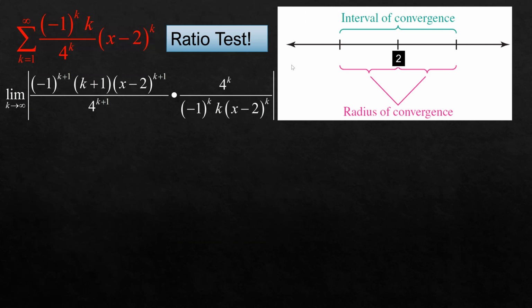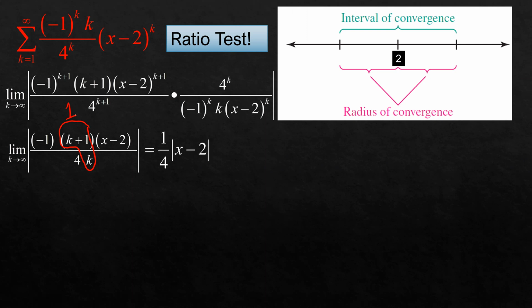Cleaning this up, we have -1 multiplied by (k plus 1) over k, and then there's a 4, and then there's an (x minus 2). Now, when k goes to infinity, we can see that (k plus 1) over k is going to 1, and the absolute value of -1 is 1. That gives us 1/4 multiplied by the absolute value of x minus 2.